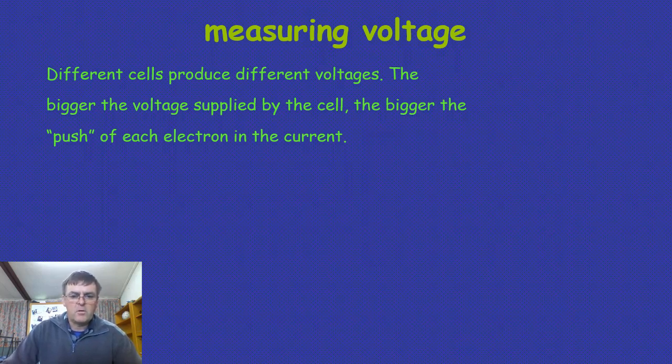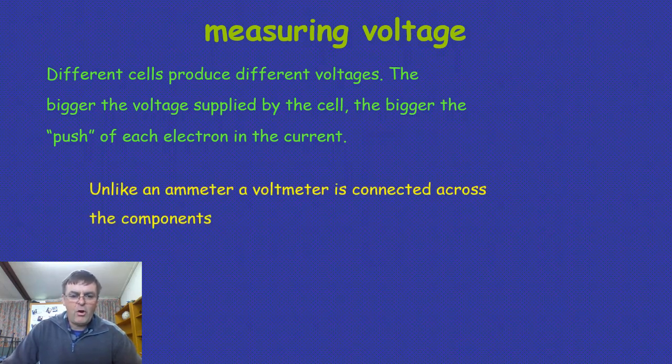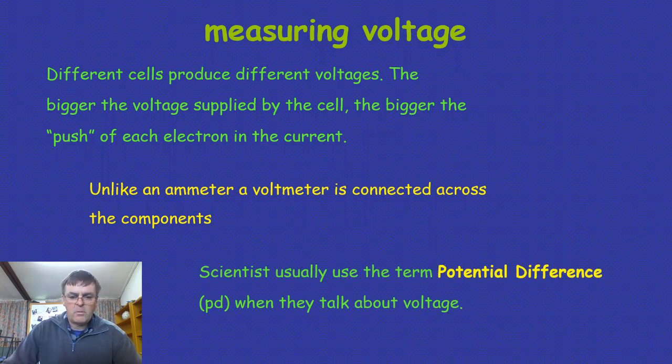So the bigger the voltage, the bigger the oomph behind each electron in the current. And unlike an ammeter, a voltmeter we connect in parallel. We connect it across the components. We want to measure the voltage difference before and after the component. We sometimes call that potential difference, the difference between before and after any component in a circuit.